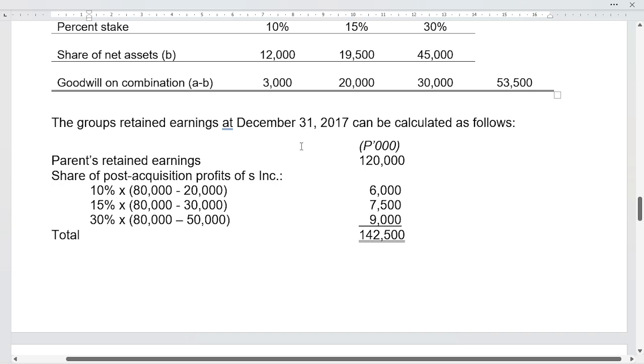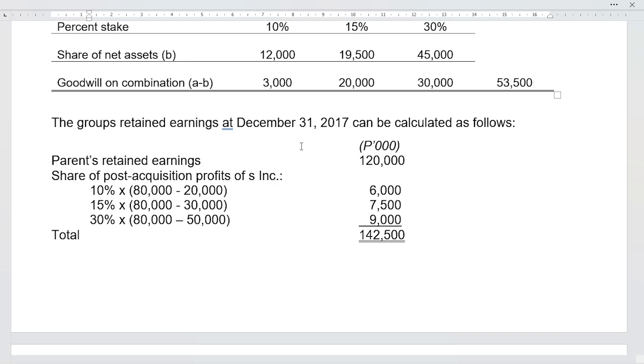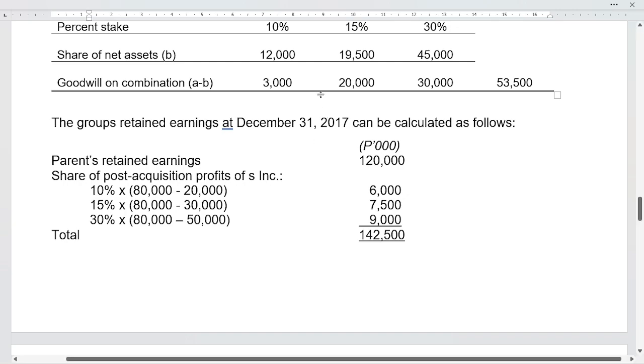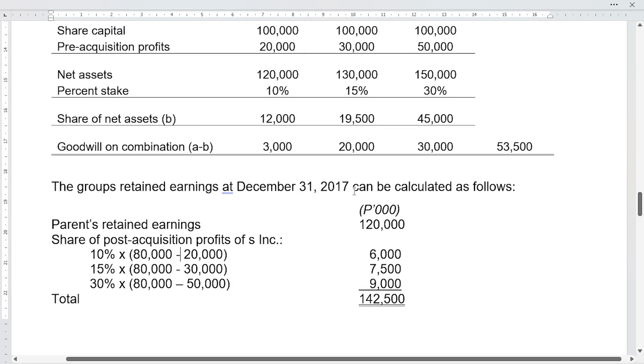The group's retained earnings at December 31 can be calculated as follows. Parent's retained earnings 120,000. Share of post-acquisition profits of S Inc.: 10% times 80,000, which is the retained earnings of S Inc., minus 20,000, the pre-acquisition profits, which is a total of 6,000. 15% times 80,000 minus 30,000 gives 7,500. 30% times the total of 80,000 minus 50,000 will be 9,000.